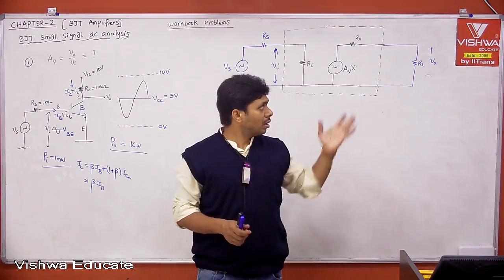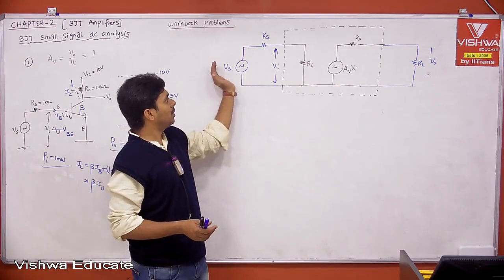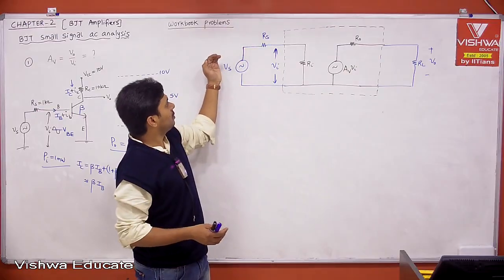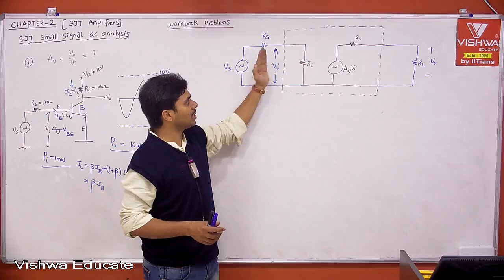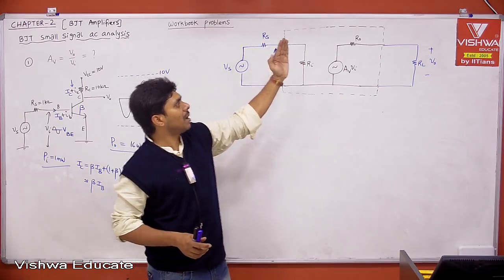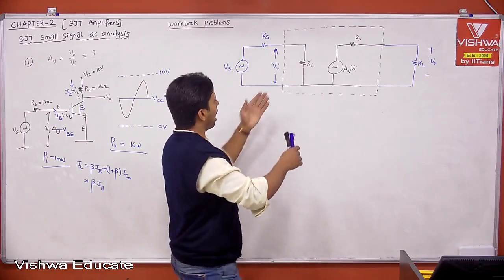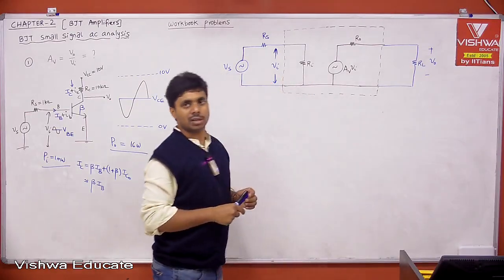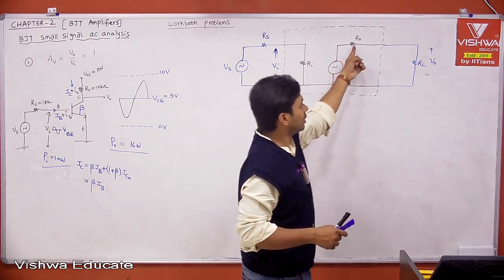There also we can do some improvement, and here also, because part of Vs is dropped across Rs, only part of Vs is applied to the input of your amplifier. Whatever signal is applied at the input is amplified and then given to your load. Therefore, Ri and R0 come into the picture, because they are interacting with the real practical voltage source and with the real load.